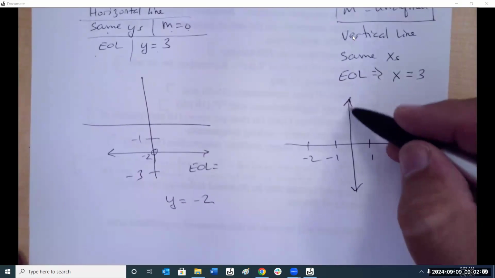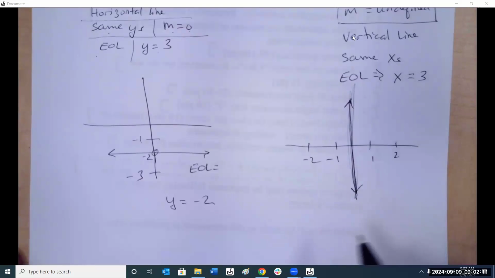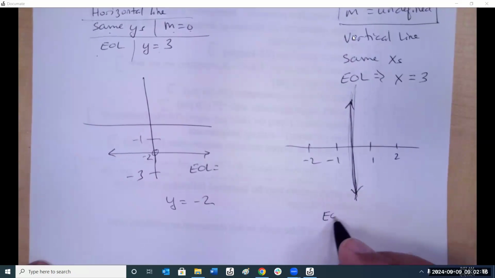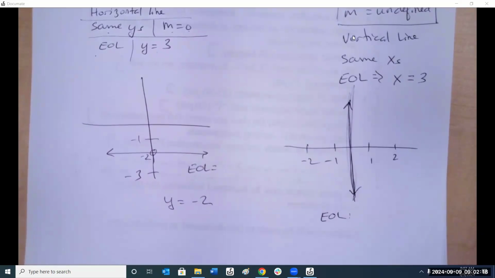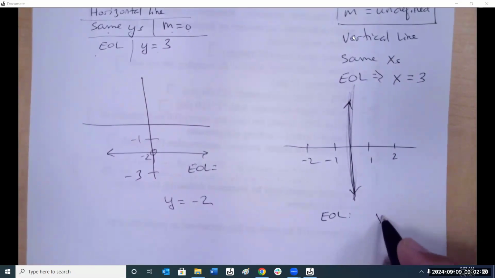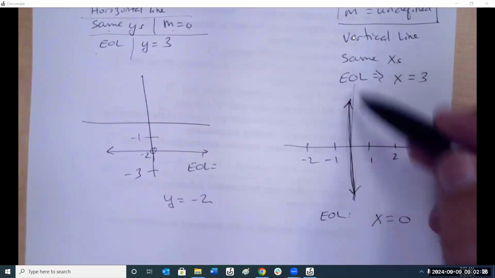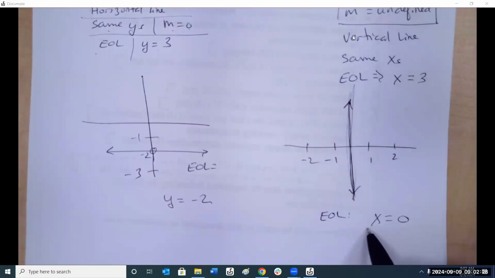How about this one? If I gave you this line, what's the equation of that one? Just 0? X equals 0. Think about that. The vertical axis is the equation x equals 0.